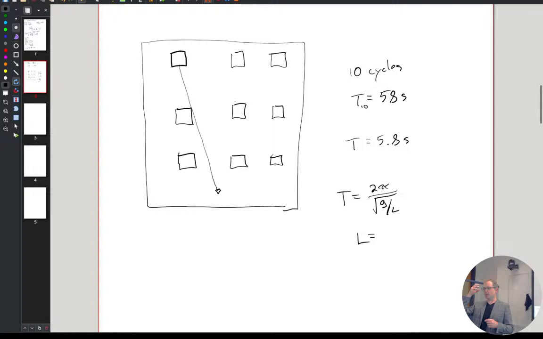Just doing the square roots in your head, or no? How long was this thing? 32.2 is a good value for g, in feet per second squared, if we're trying to keep it in feet.